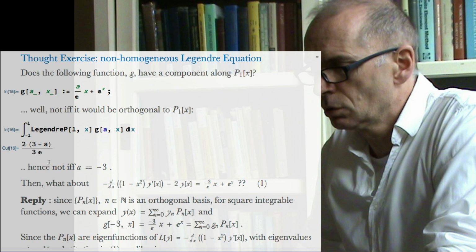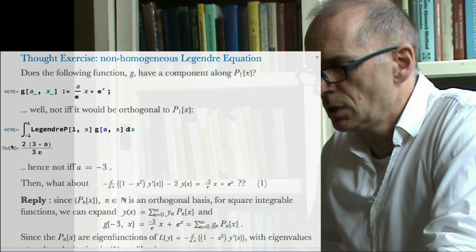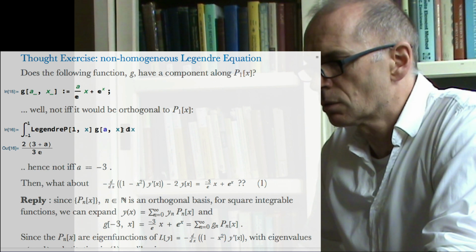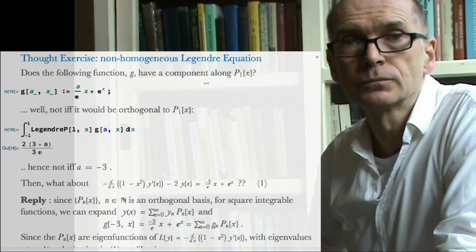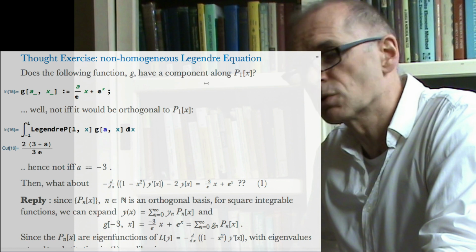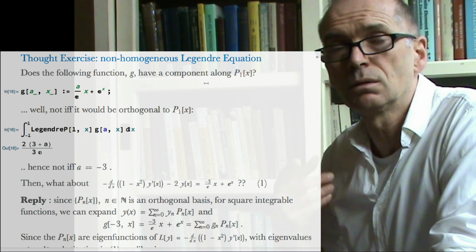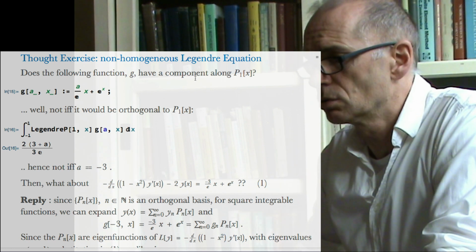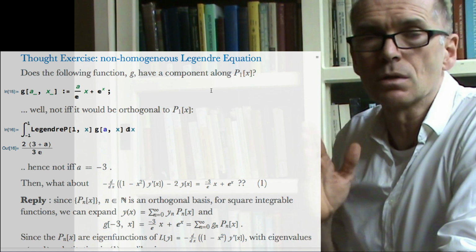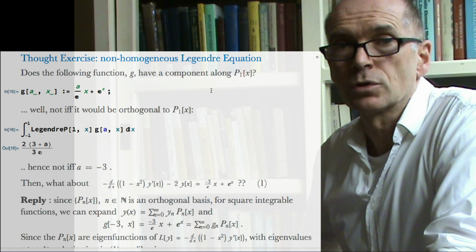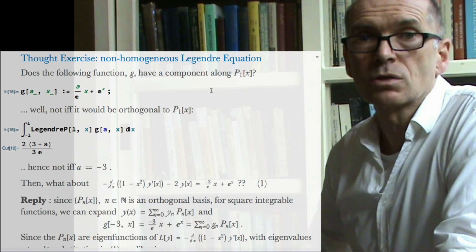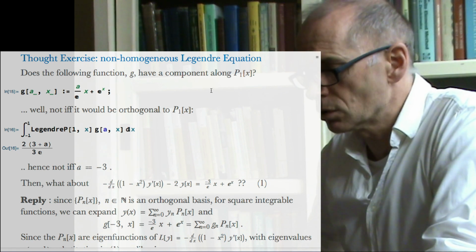So we conclude, if a would be minus 3, then this integral would be 0, and then the answer would be no. And only then. Only if a is minus 3, then that function g does not have a component in the direction of p1, the first Legendre polynomial with index 1. So that is the function x, actually.